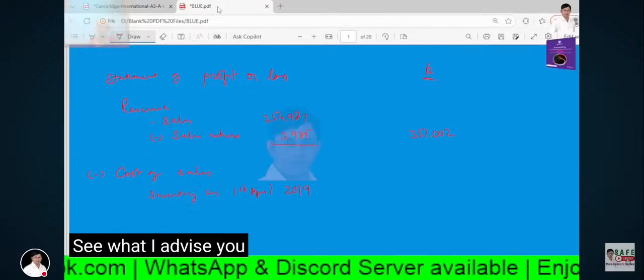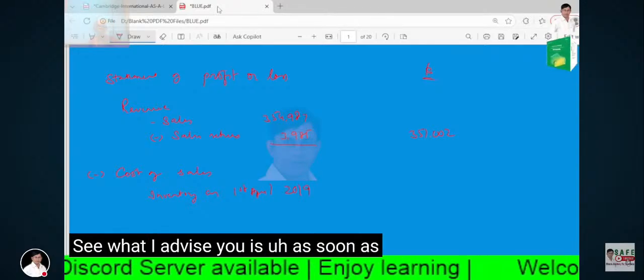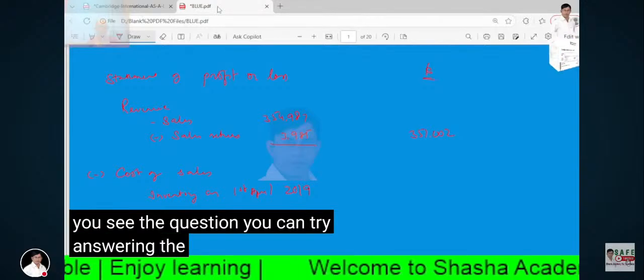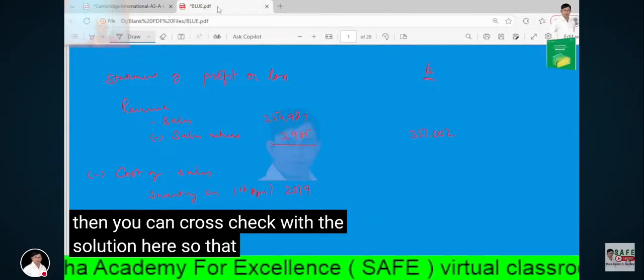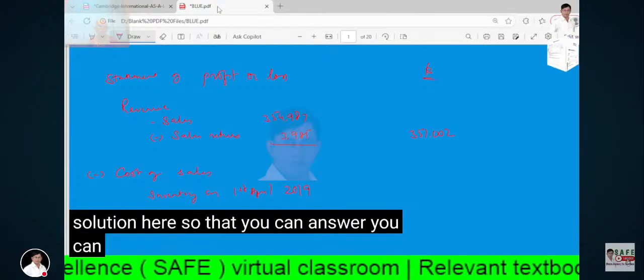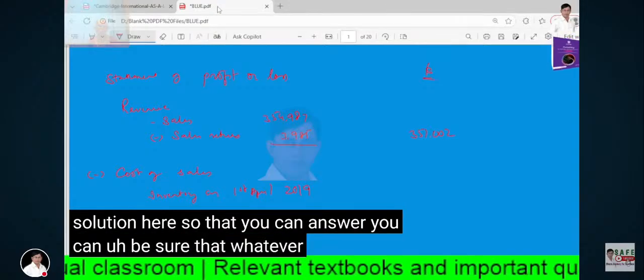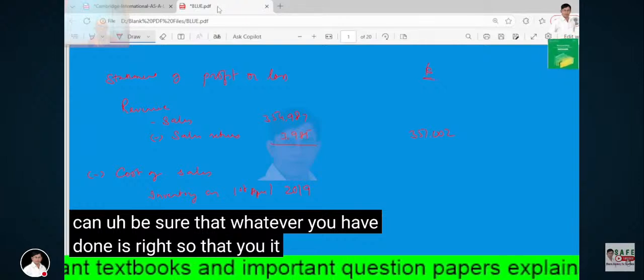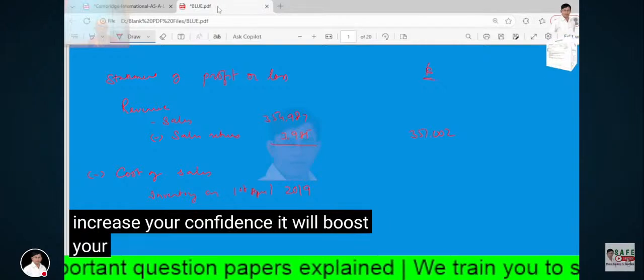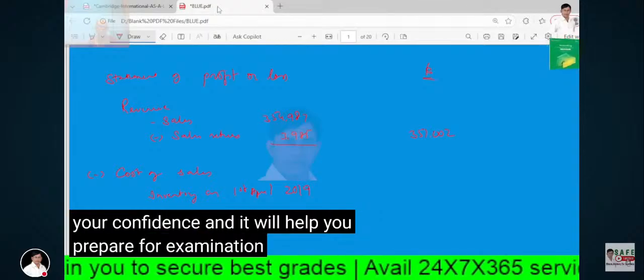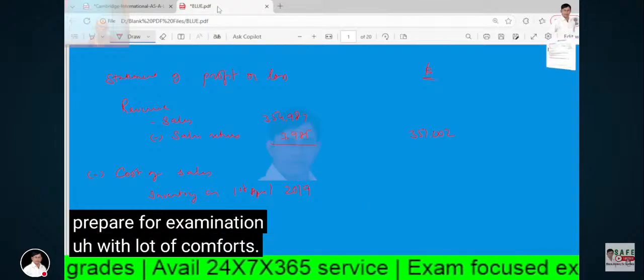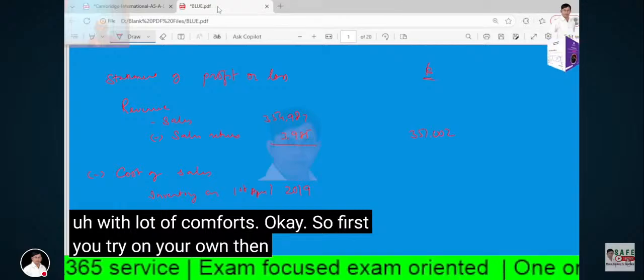What I advise you is, as soon as you see the question, try answering it on your own, and then cross check with the solution here. You can be sure that whatever you have done is right, so it will boost your confidence and help you prepare for the examination with a lot of comfort. So first you try on your own, then only you check this.